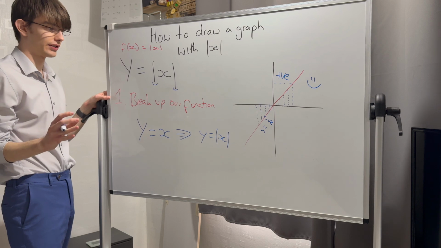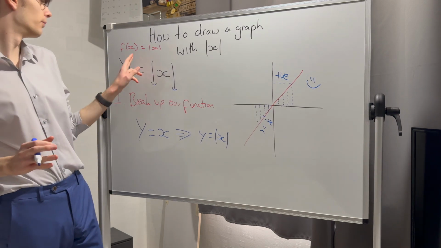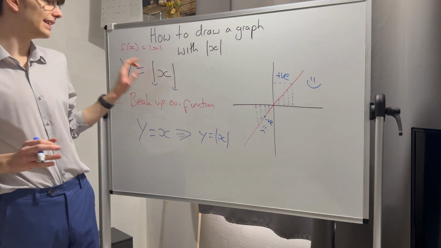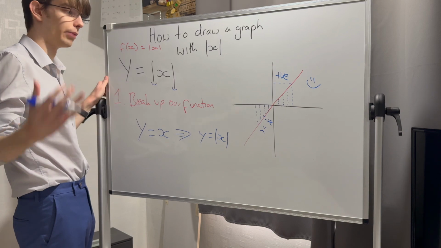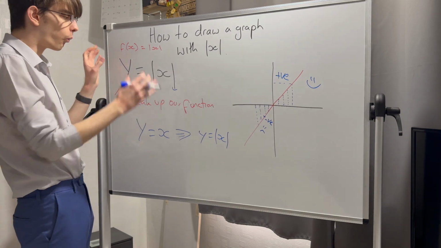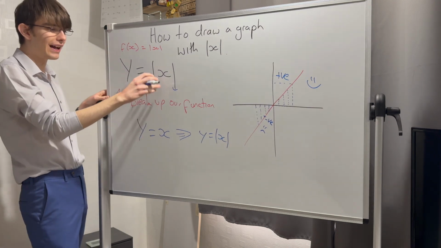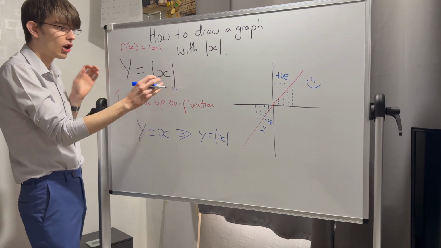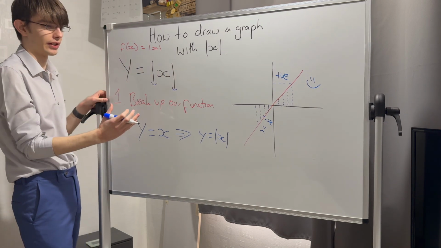Couple of points first. Very, very common misconception is that this means the x coordinate has to be positive. But when we're looking at it in terms of a graph, it means that whatever happens to the x, the function applied to it must be positive.